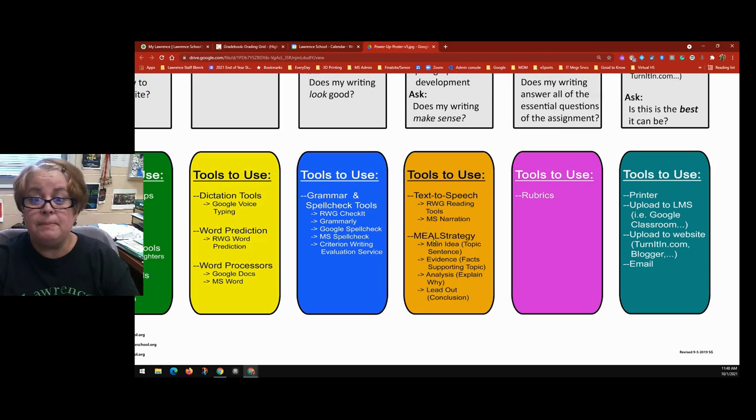You could also use the MEAL strategy, and this is an acronym. It stands for Main Idea, Evidence, and Analysis, and Lead Out. So each of those letters, words start with make MEAL. And what this means is, does every paragraph have a topic sentence saying what the paragraph's about? Do you have at least 3 facts supporting that idea, and with analysis explaining why those facts are important?